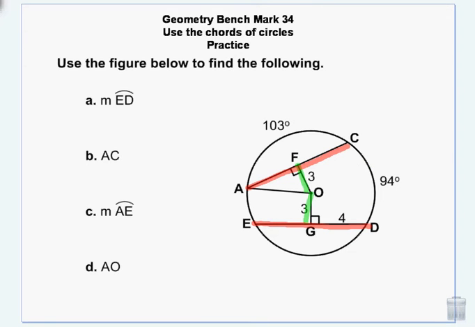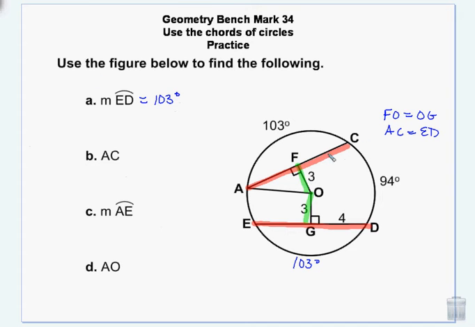So what I know from here so far is that FO is equal to OG. AC is equal to ED. Now because AC and ED are equal, then the arc AC is going to be equal to the arc ED. So if this is 103, this is also 103. So far okay?